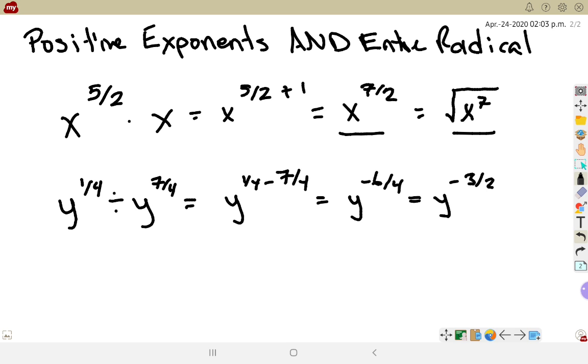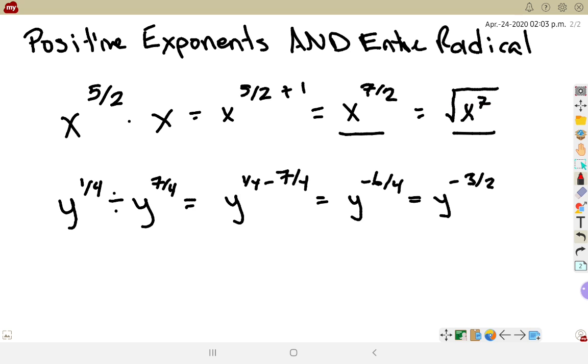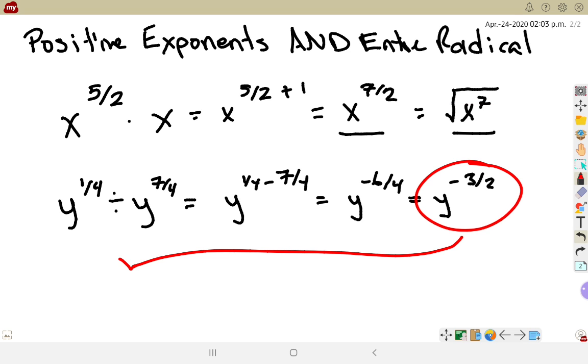Okay, but we don't want negatives in our exponents, so I'm going to rewrite this. I'm going to take that, I'm going to move it down here. We're going to rewrite it as 1 over y with an exponent of 3 over 2. Okay, so we simply write it as the reciprocal, and now we've gotten rid of that negative exponent.